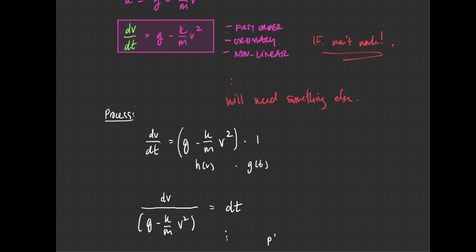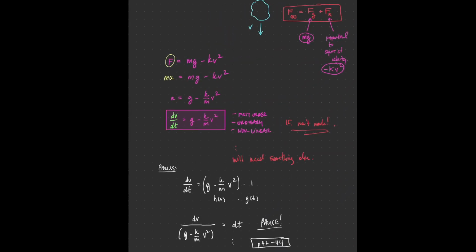This is where I'm going to say I recommend just reading through the nicely formatted solution on page 42 to 44 of our textbook, because I want to pause and show you an example where we won't lose the thread just because of the algebra of the integral. Okay, we're going to do a different one that will show you just the process of separable equations in its own right.